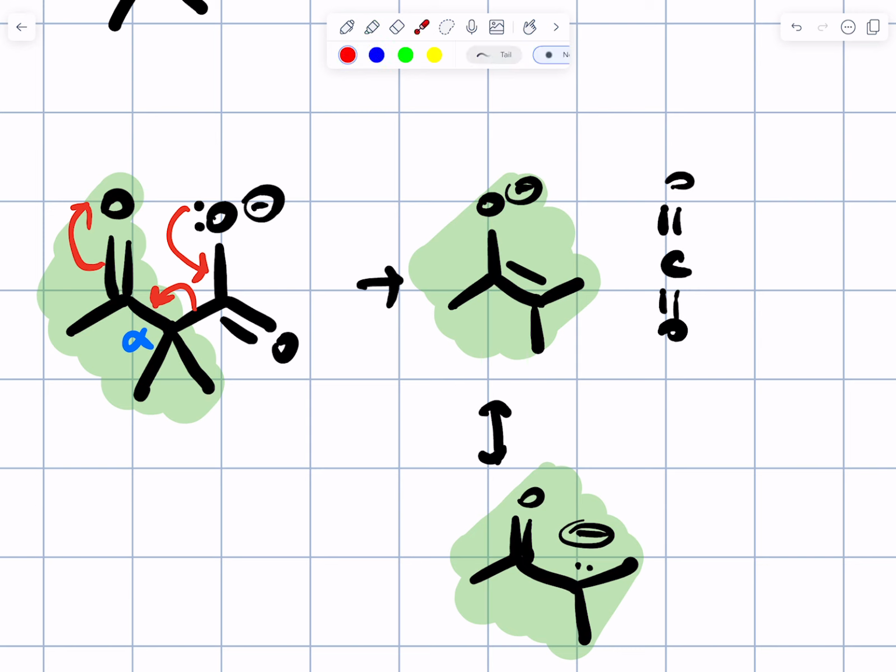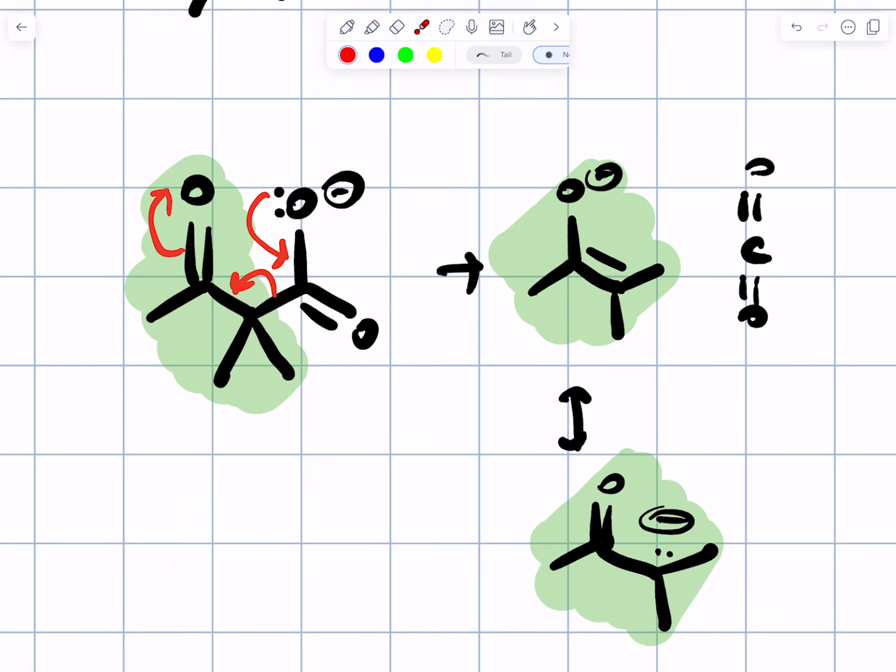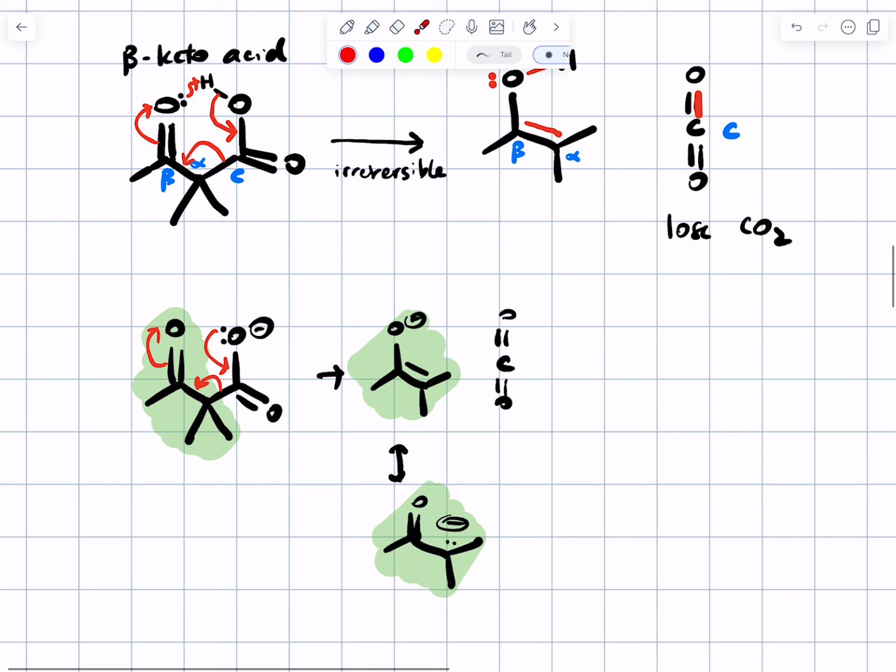Here's the leaving group, and I'm going to get rid of that alpha carbon now because it's no longer helpful to us. But similar to how we did things in carbonyl chemistry when we had a tetrahedral intermediate, you got a leaving group, this carbon, and then sort of beta to the leaving group, you've got kicker-offer electrons, and that's sort of what's happening here. Yeah. So that view is fine. You can actually do decarboxylation under basic conditions.